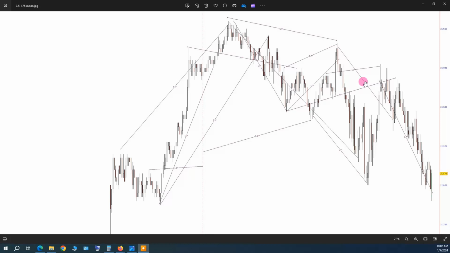So I'm looking for these moves of 3.5 degrees and 1.75 degrees. From the starting point, say from this high here, 3.5 degrees comes to the high of the day right here. Then from the high of day, 3.5 degrees takes you to this high here.